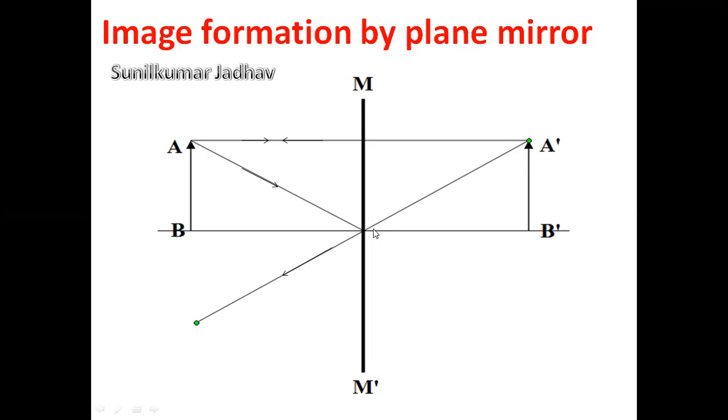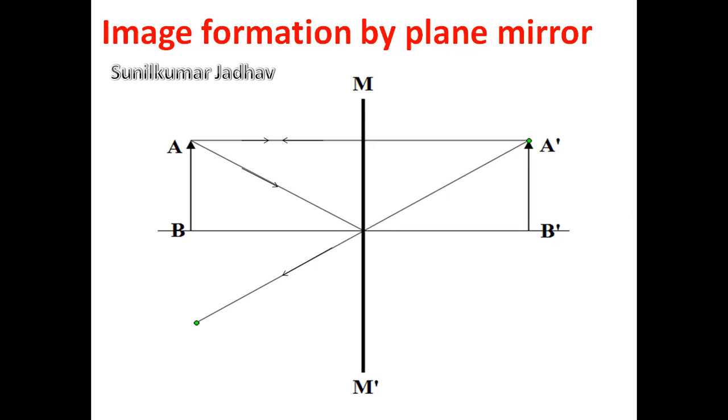But here the most important thing that you have to remember, while the image is forming inside the mirror, the image is laterally inverted. What does it mean? The question arises again, what is the meaning of laterally inverted? It means left to right, right to left. You can just stand in front of the mirror and try to see your image inside the mirror, and then raise your right hand.